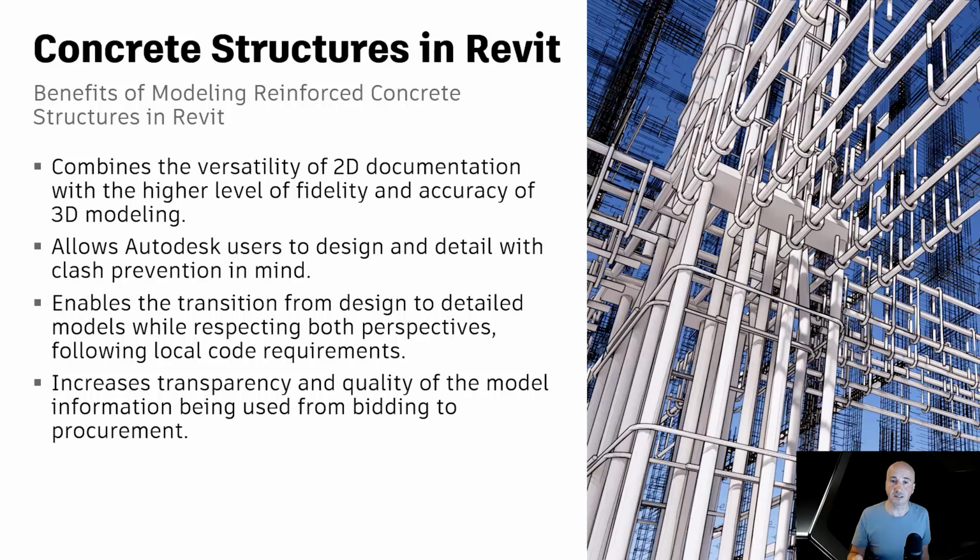It increases the transparency and quality of model information being used from bidding to procurement, by not only providing quantifiable information, but also enabling access to it in collaboration-friendly environments.